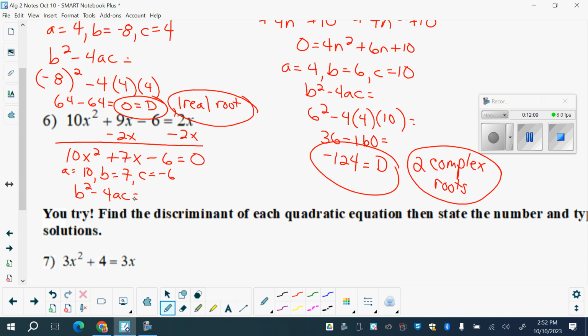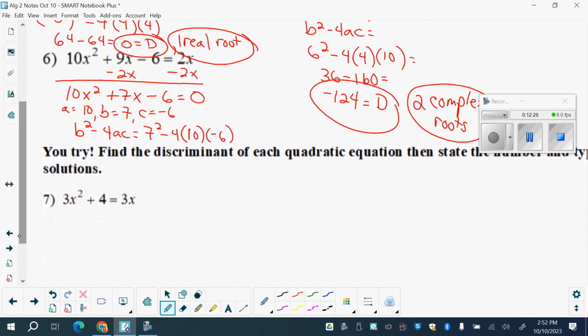And so we get 7 squared minus 4 times 10 times negative 6. This gives us 49 minus negative 240, which equals what? 289.